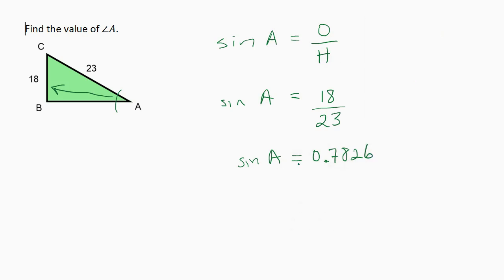But for right now, so far all we know is that sine of some angle is equal to 0.7826, but we just want to know what A is. So in order to bring the sine over to this side, we're going to go sine -1 of 0.7826. What is sine -1 of this decimal number? That is going to give us our angle.